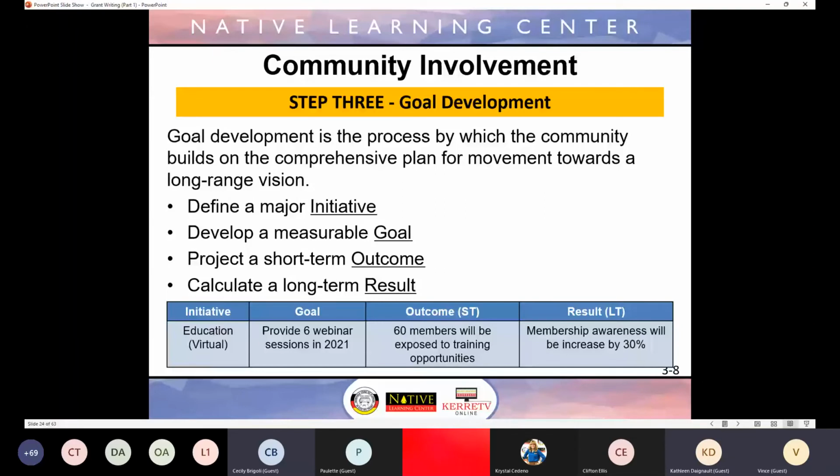I totally get it. But I think the first goal was more realistic. The initiative was healthcare. The goal was to contract with medical providers. The outcome would be that you get it within a certain period of time, and then the result would be you were 90% successful, 100% successful, which is what you're going for, success.